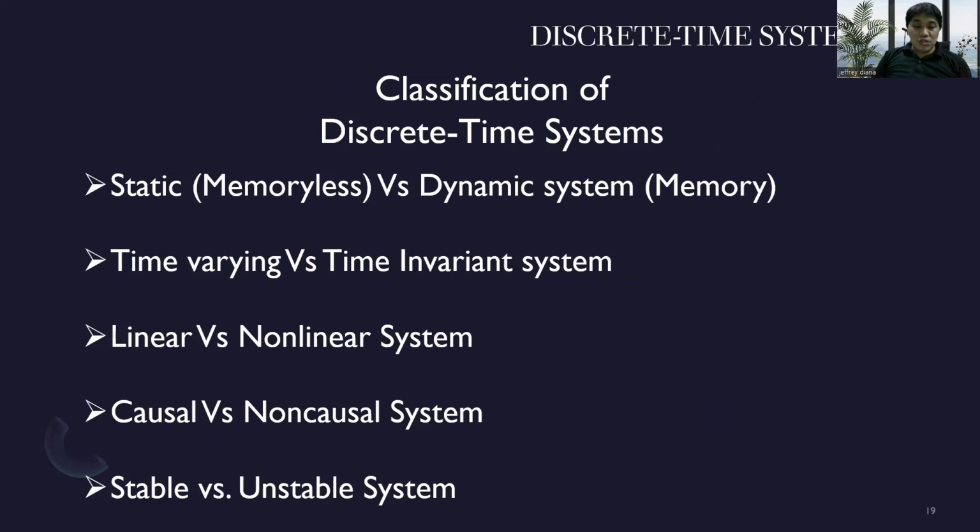For the classification of discrete time systems, number 1, we will discuss static, which is also called memoryless, versus dynamic system, or memory; time varying versus time invariant system; linear versus non-linear system; causal versus non-causal system; stable versus unstable system.